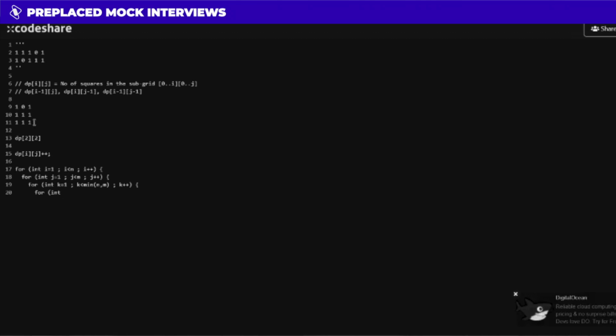So what could I see from this one? dp of I minus 1 and j gives me all the squares possible from here to the top. And this one gives me all the squares possible from here to the top.